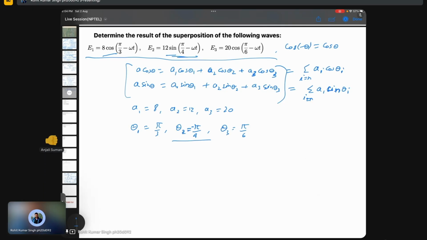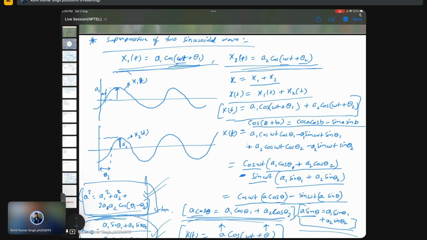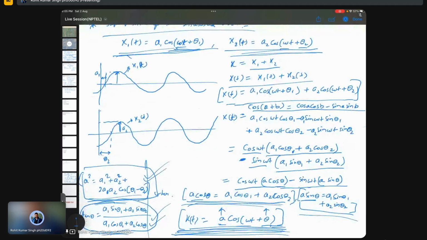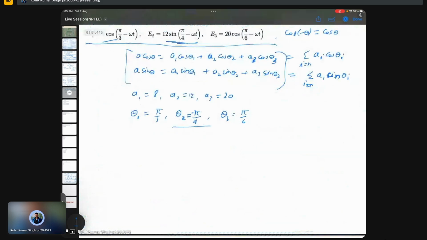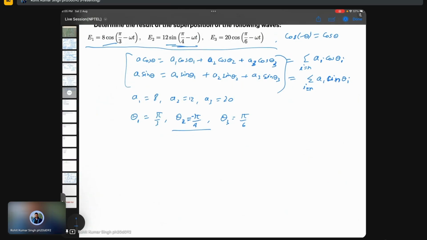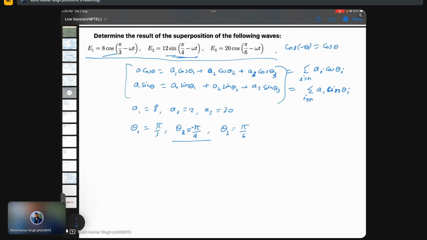Because in our derivation we wrote this in the form cos of omega t plus theta 1, so that's how we derived these formulas. But here in this problem, it is in the form theta 1 minus omega t. So you have to understand what the phase angle theta is here. If a sine function is there, then the phase will be negative, if it is written in this form.